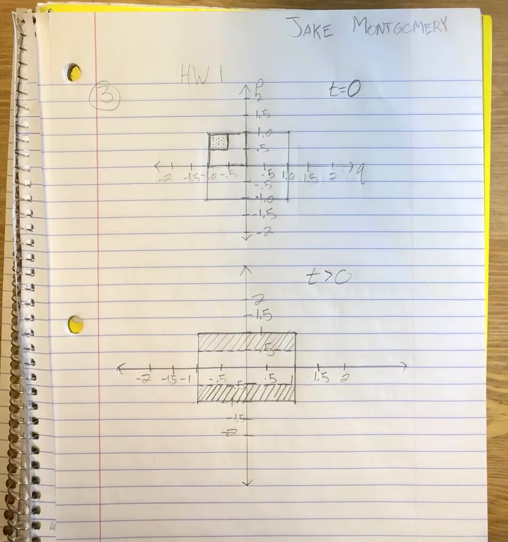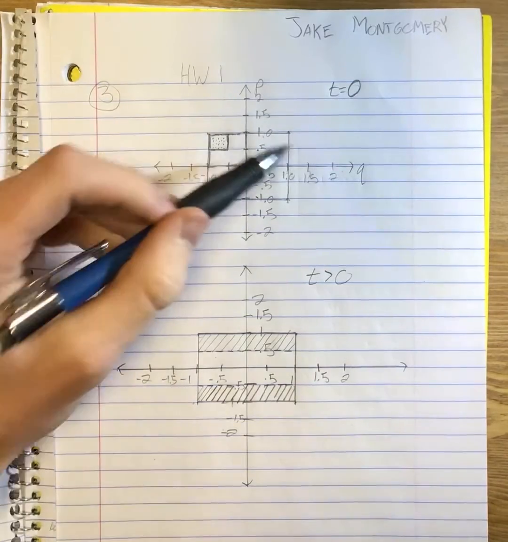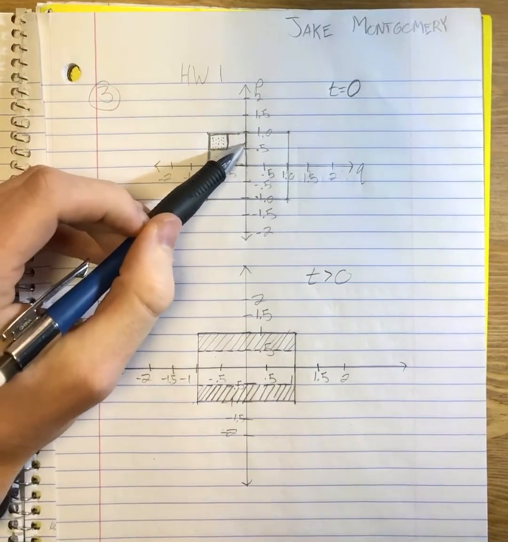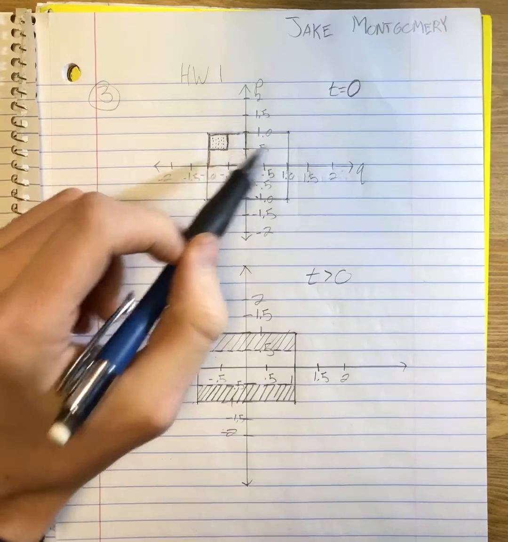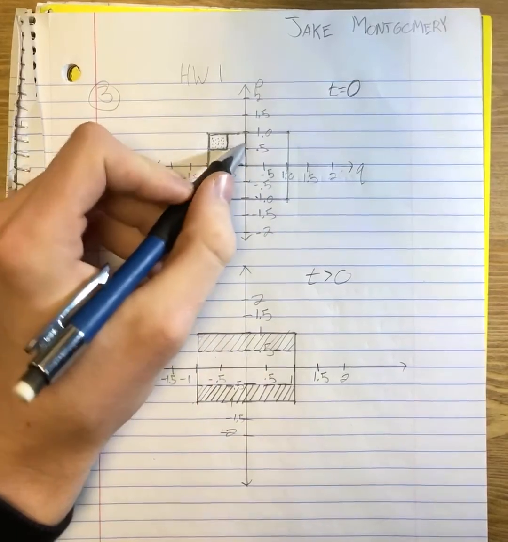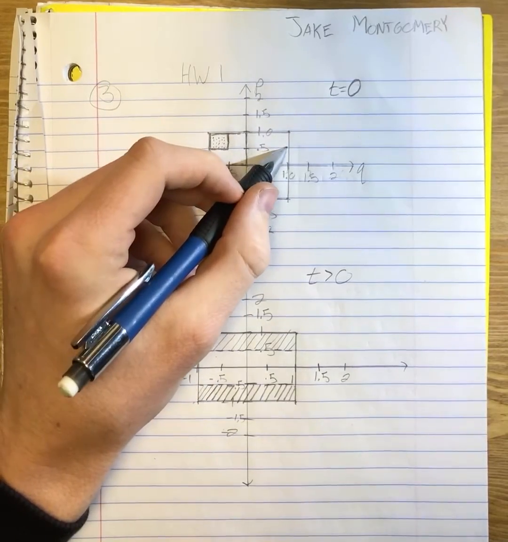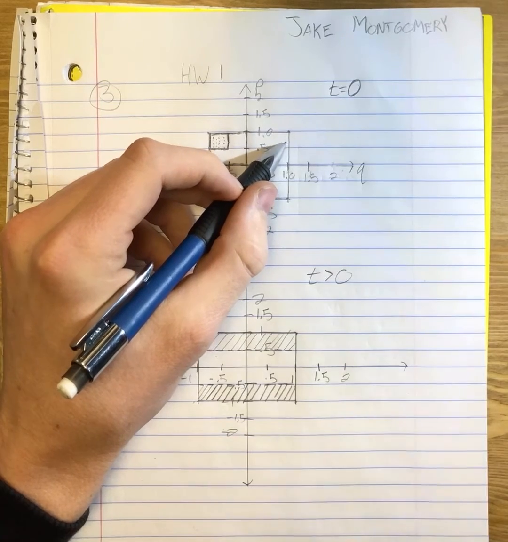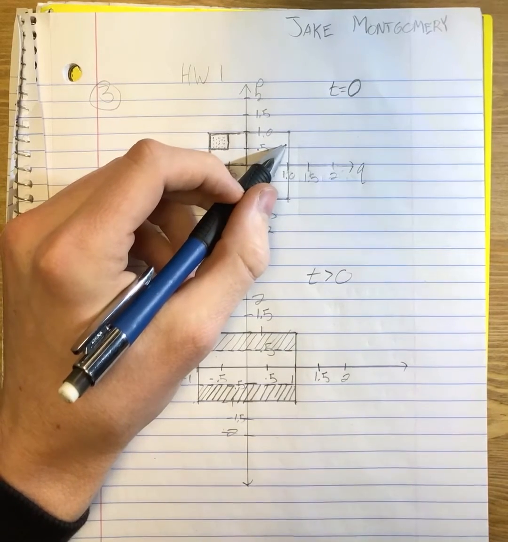The walls are perfectly reflecting, so they'll travel towards the positive q side, and then they will reflect off of this wall.